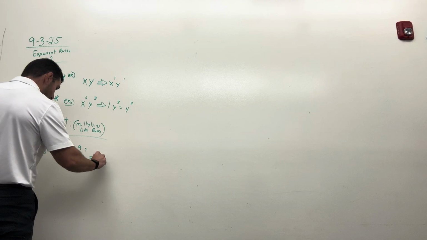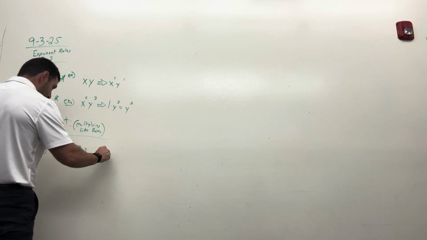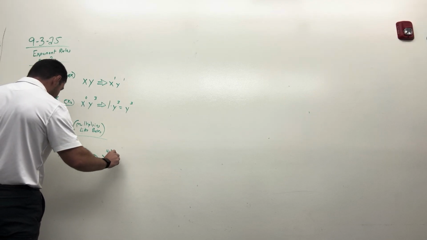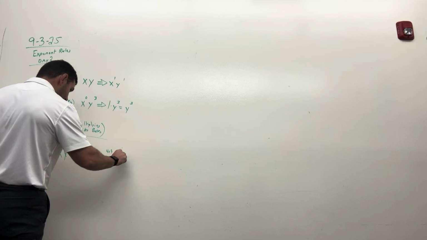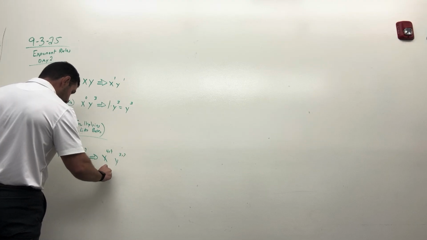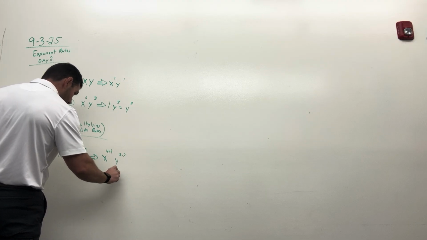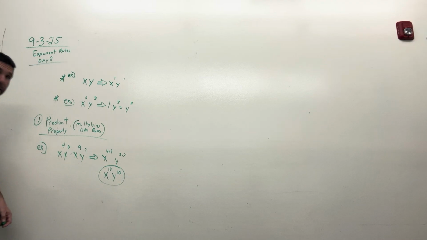And we said we keep the base, we do 4 plus 9, we keep the base, we do 3 plus 7. That gives me x to the 13th, y to the 10th. Okay, that's the property. Have I lost anybody there? Let's talk about our two new properties today.